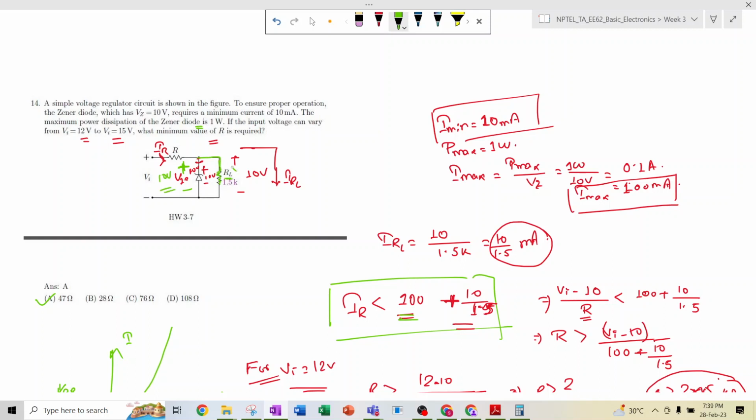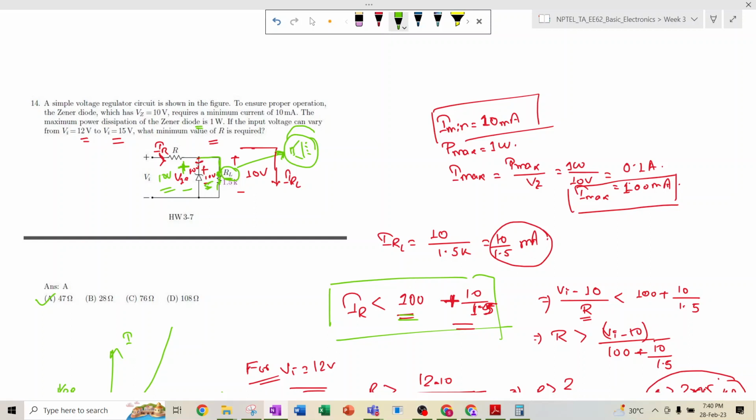Load resistance means you can attach a speaker or something. Every device has some resistance, right? The voltage across that device should not change, it should be regulated. So this Zener diode acts as a regulator.